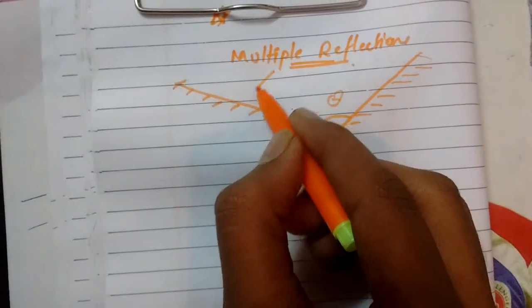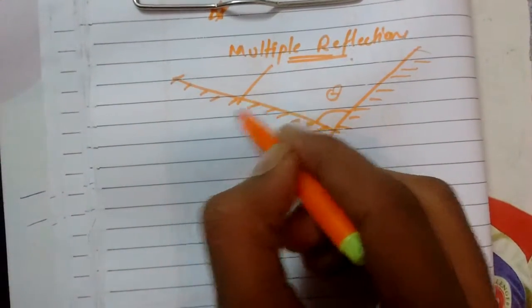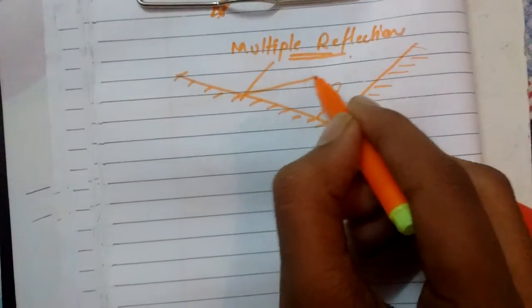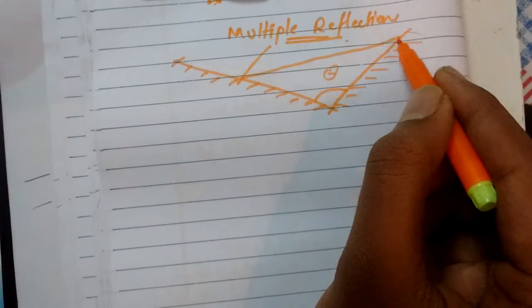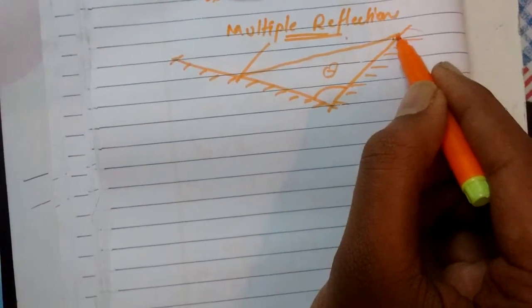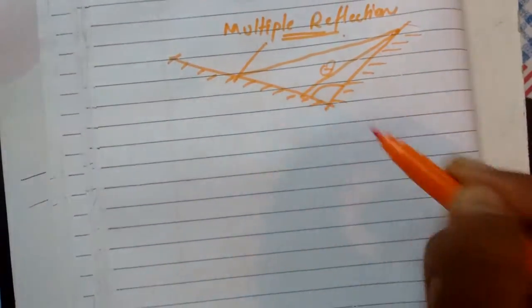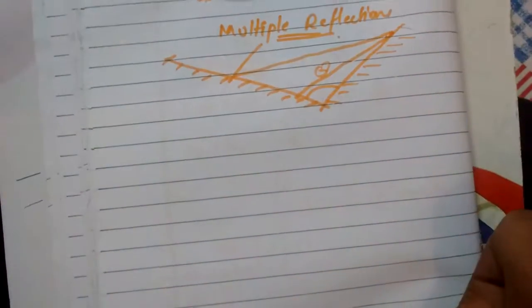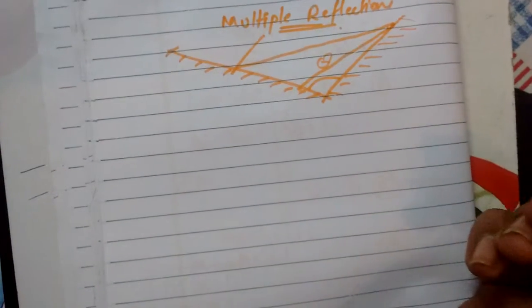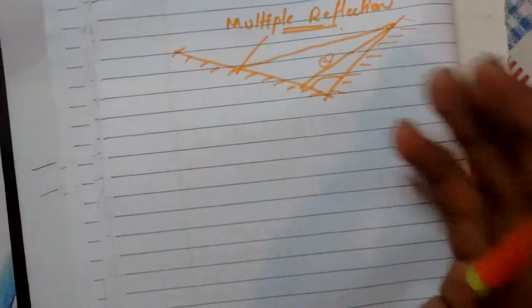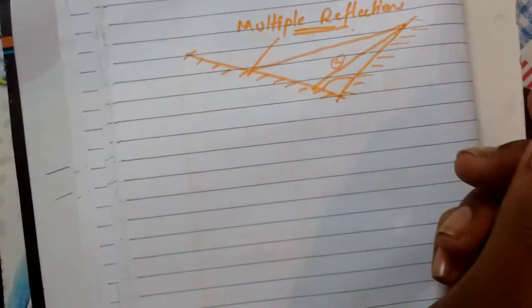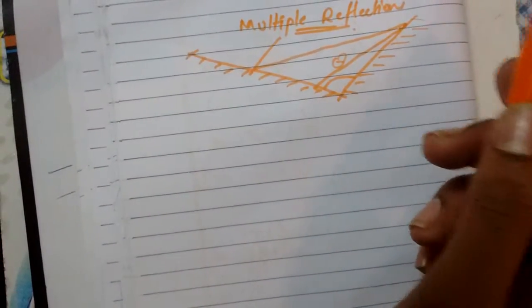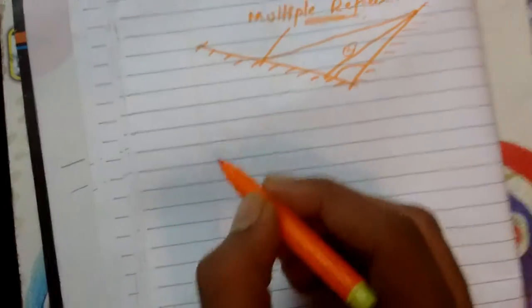Now, when a light ray is incident on one of the plane mirrors, it gets reflected, and this reflected ray acts as an incident ray for the other mirror, and gets reflected again. Hence, a number of images will be formed. Therefore, if two plane mirrors are kept at an angle theta to each other, the number of images of a point object kept between the two mirrors is given as follows.